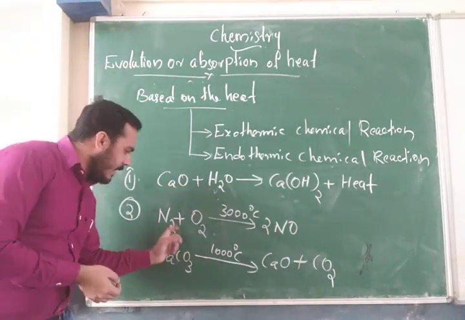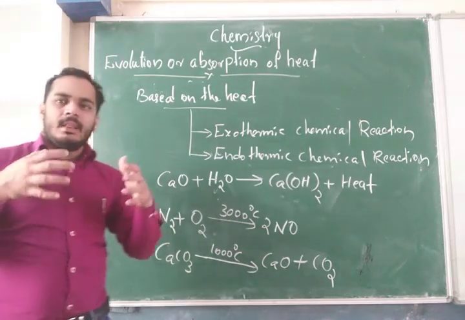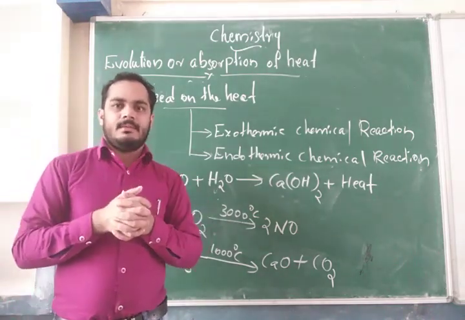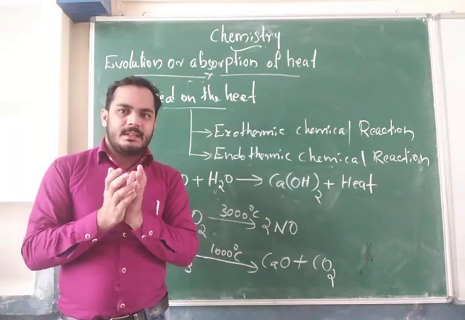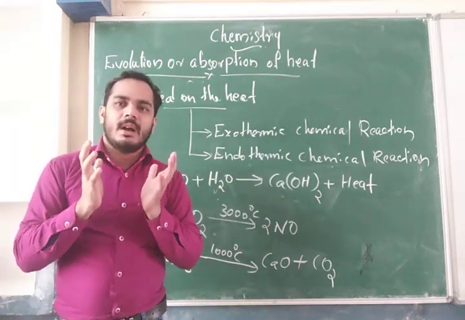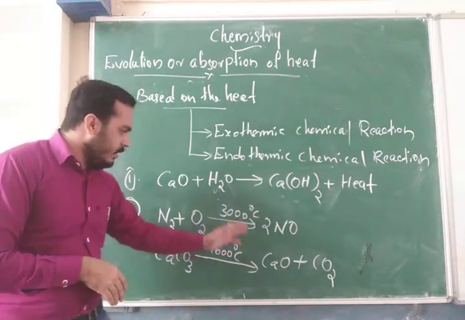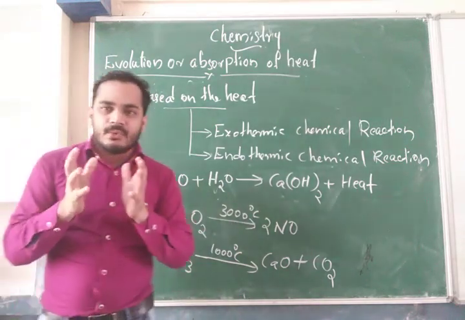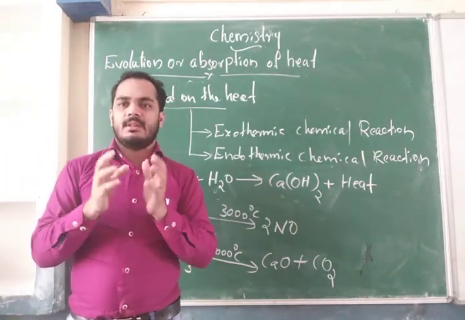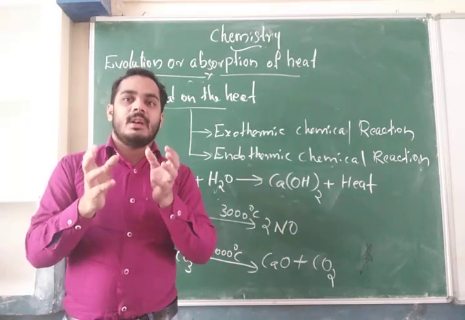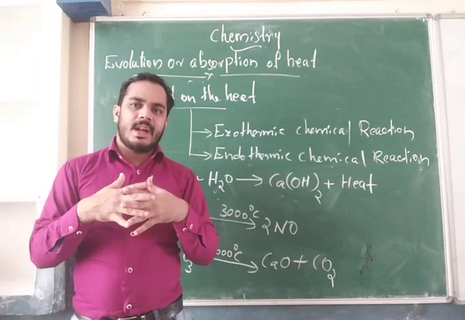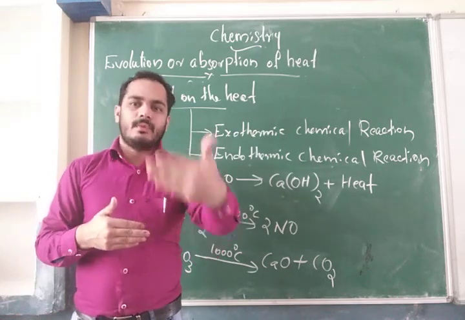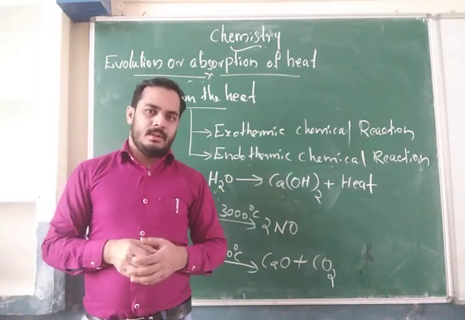So here the nitrogen and the oxygen are ready to combine. For the combining, they need huge energy, heat energy. More than 3000 degrees Celsius is required to combine the nitrogen and the oxygen to form nitrogen monoxide.